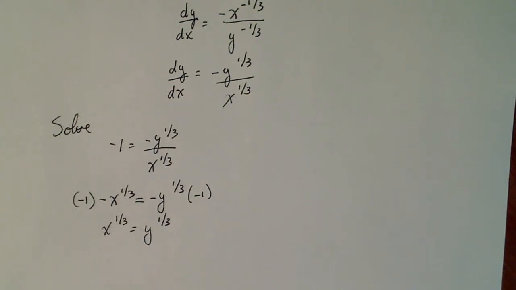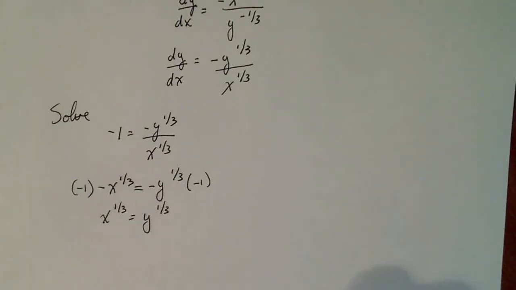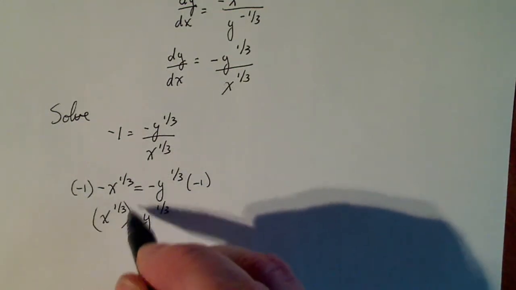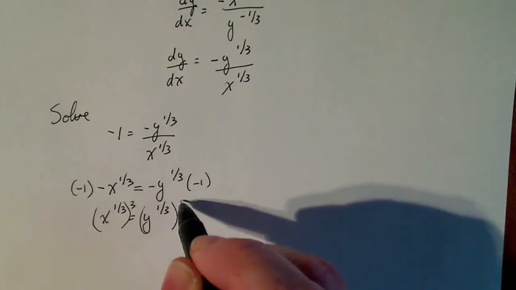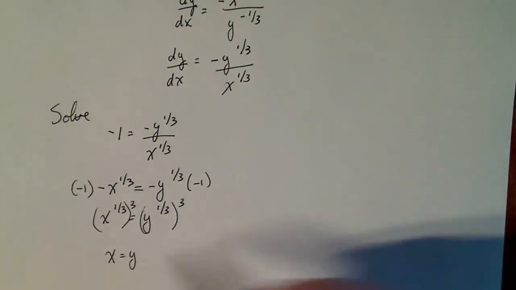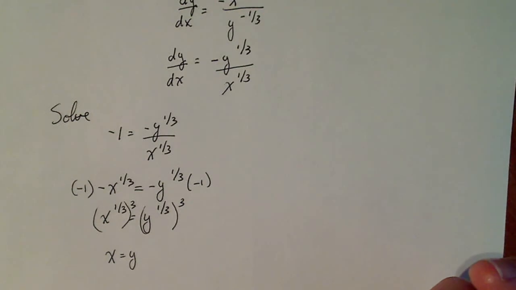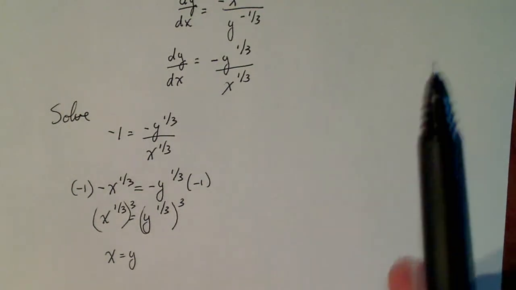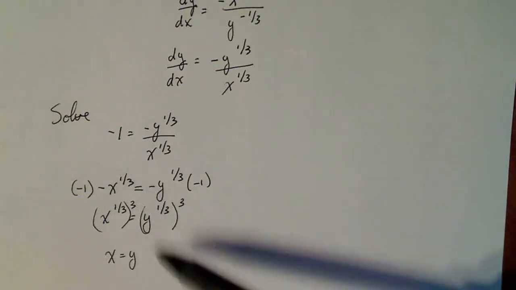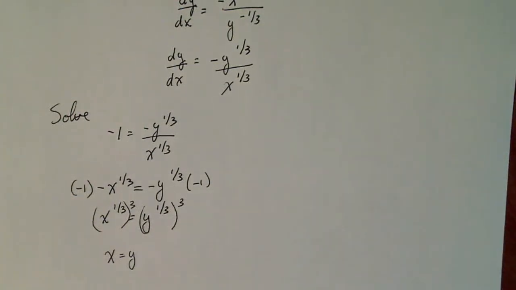And I have to isolate for, well, you can either isolate for x or y here. I guess I should isolate for y. But what I'm going to do to do that is raise both sides to a power of 3 to get rid of those powers. So I have x equals y. So now the places on the original curve where my slope is equal to -1 is wherever on the curve x equals y.